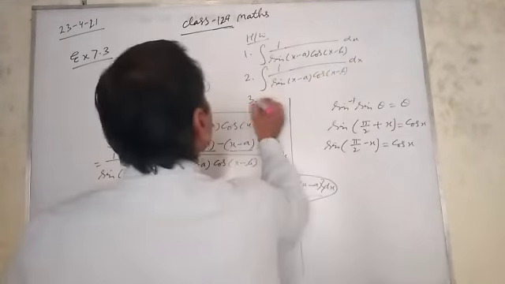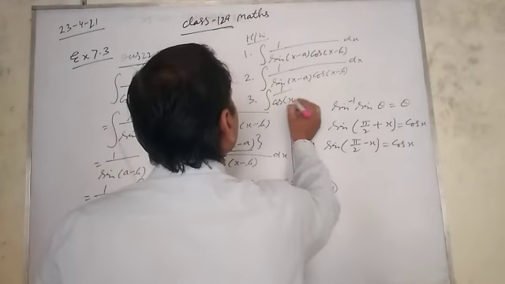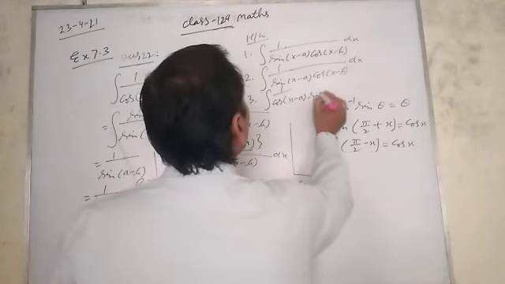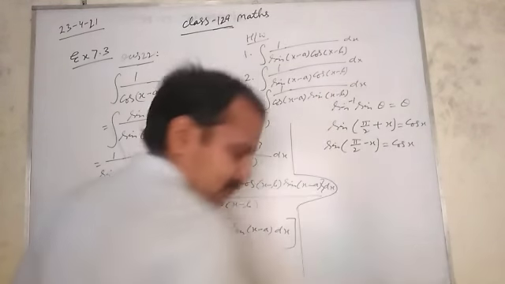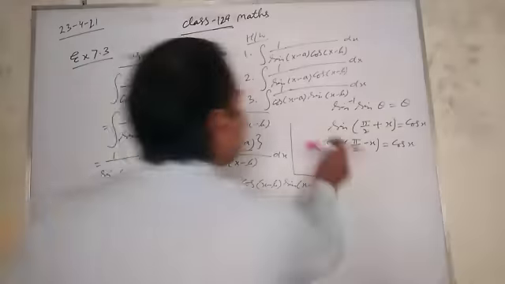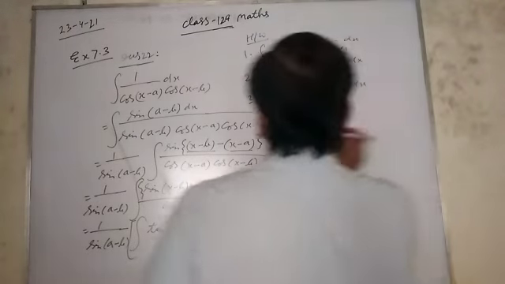Third: 1 upon cos(x minus a) sin(x minus b) dx. These 3 questions you try to do in homework.